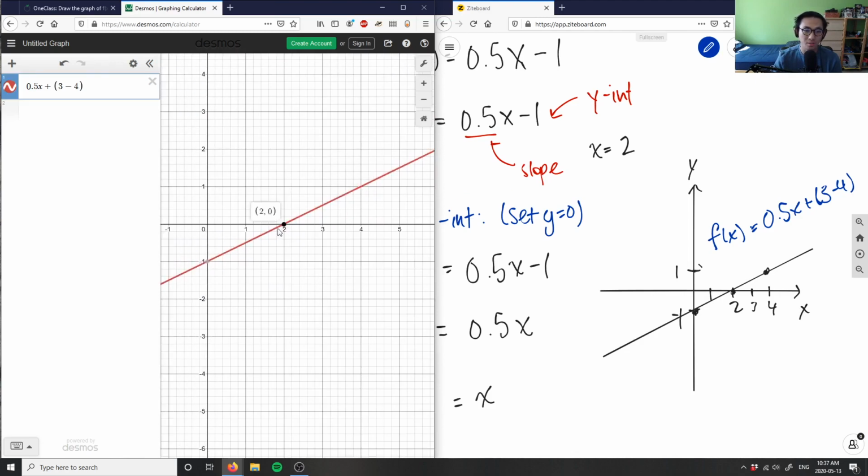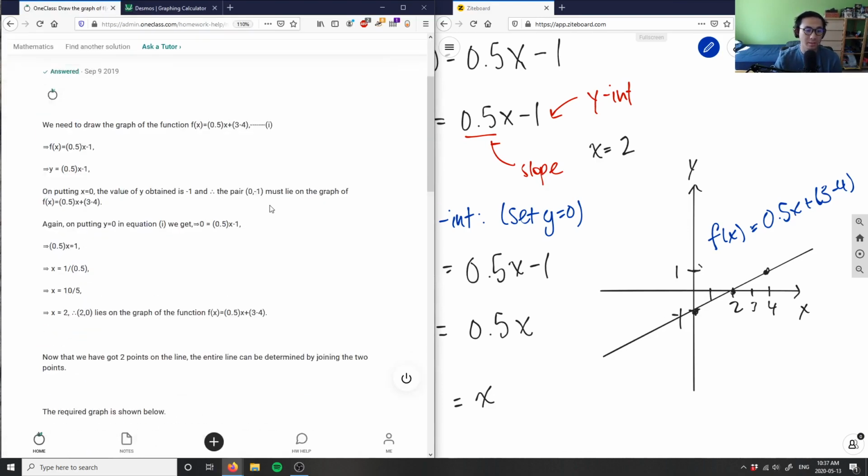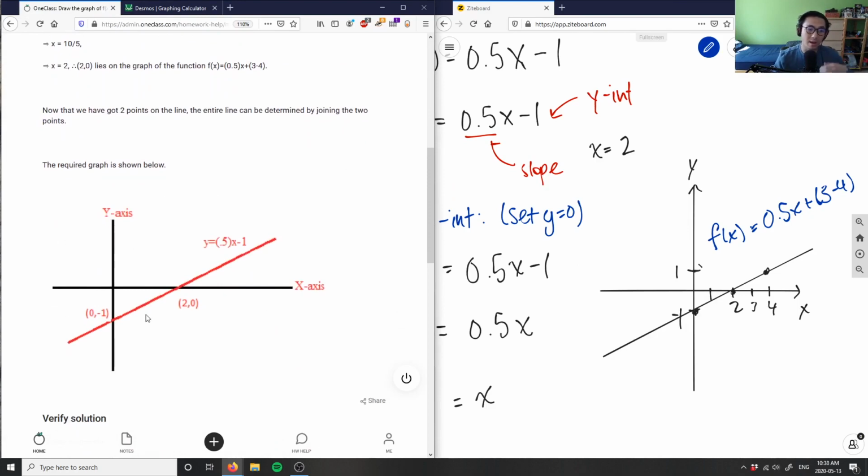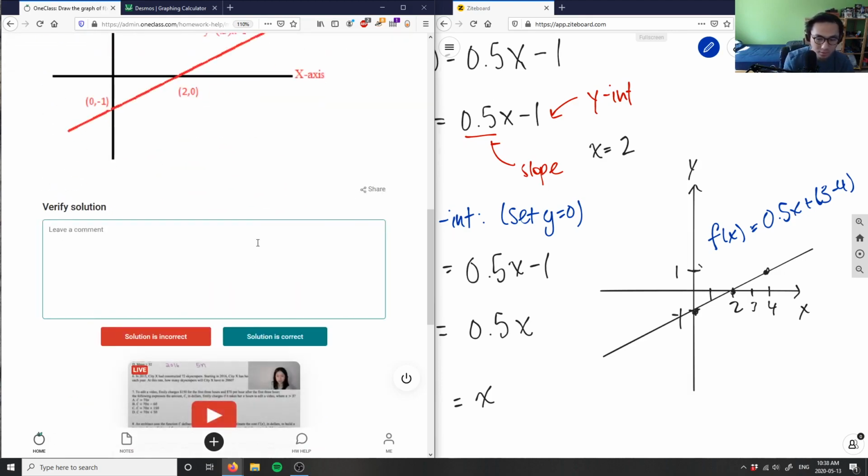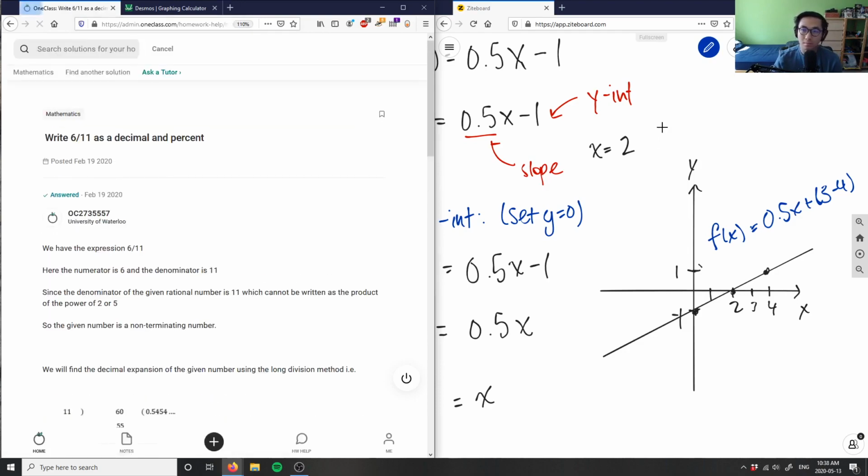As you can see, this solution is correct, and the graph is very accurate. It matches my Desmos graph. This solution looks correct as well. Good analysis here.